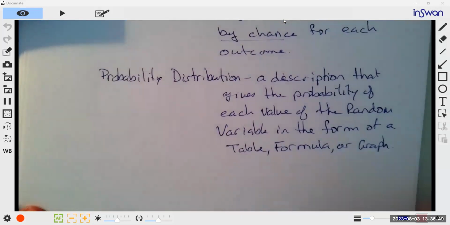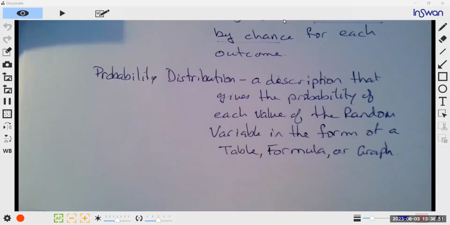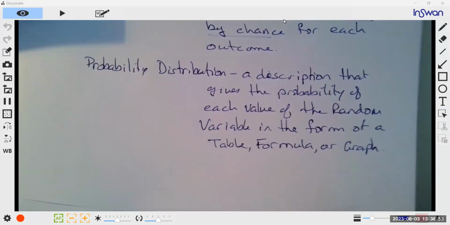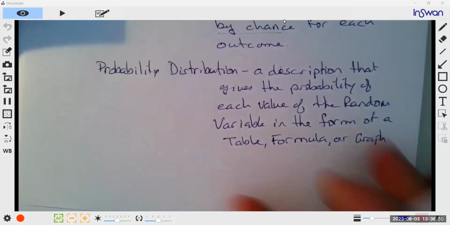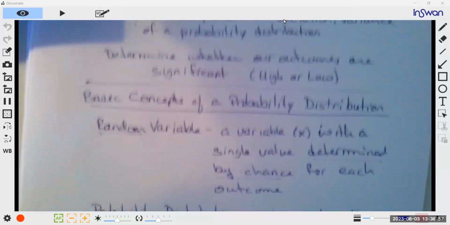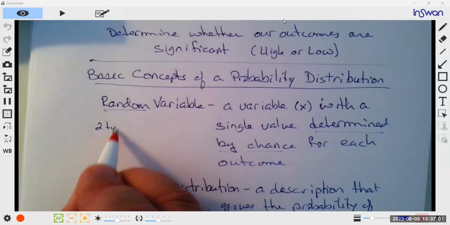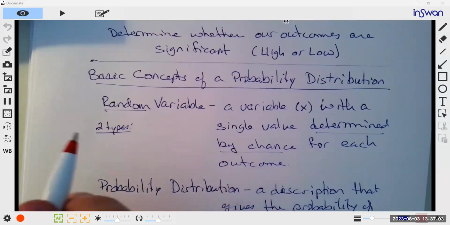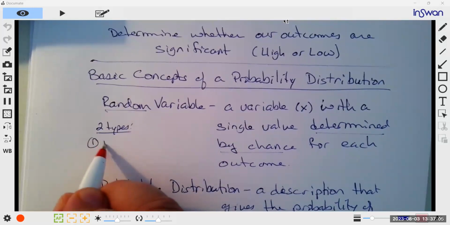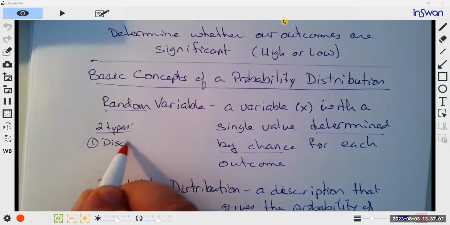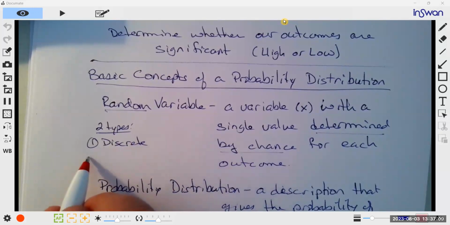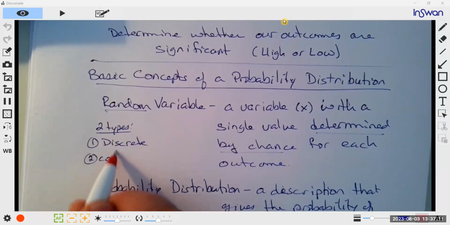All right, so now we have two types of random variables. We have two types. Discrete and continuous.